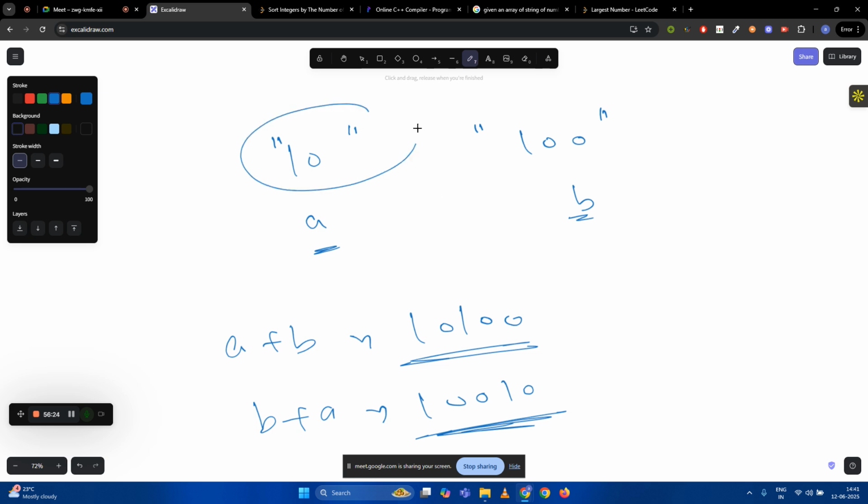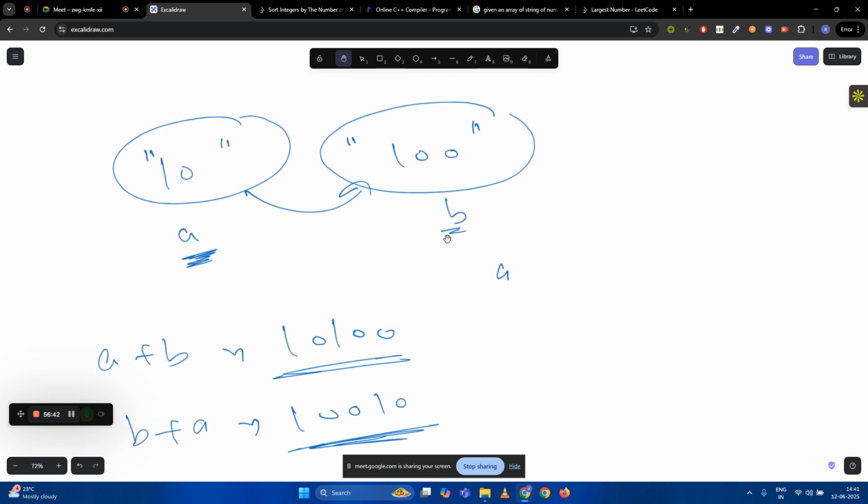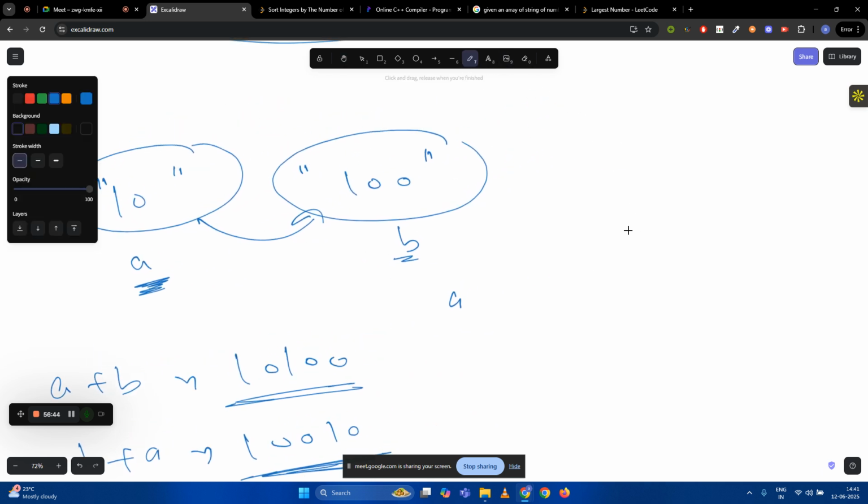So this is the correct order, right? Because we are going to append in this way only. We are going to take the first number, then we are going to append the numbers, and so on. So this is the correct order if we are appending. But suppose A was 100 and B is 10.